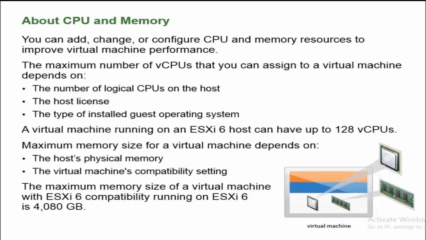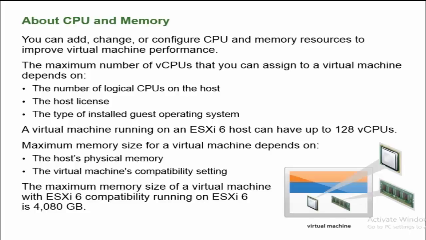Now about CPU and memory, as I said, the maximum number of vCPUs that you can assign to a virtual machine is 128, and this basically depends on the number of logical CPUs on the host, how much the host license supports, and the installed guest operating system.